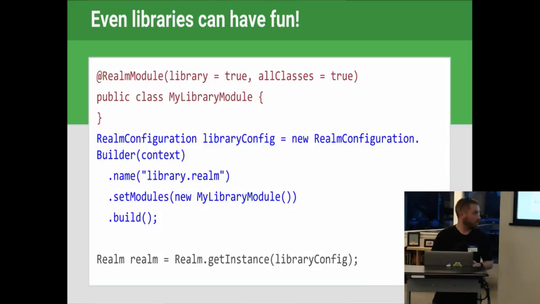So the last really cool thing to me is that libraries can use this. And libraries can use this in a way that is safe for other applications to also use Realm and guarantee that there is no conflict between that application using your library and your library itself. So using a couple simple rules, up here we have a Realm module, and we're defining that the module is a library, and allClasses true is kind of a quick hack, so that instead of defining what classes I want to be able to store in the database, I just say that everything goes in there.